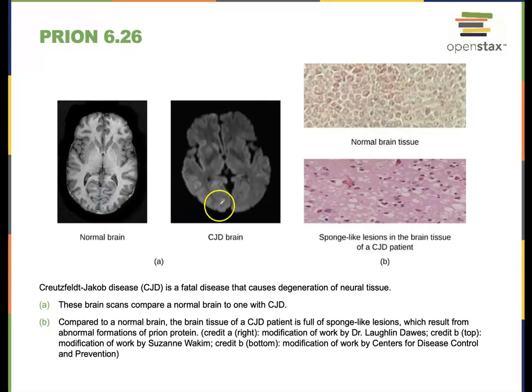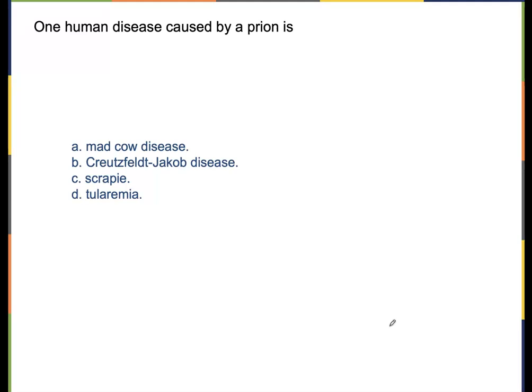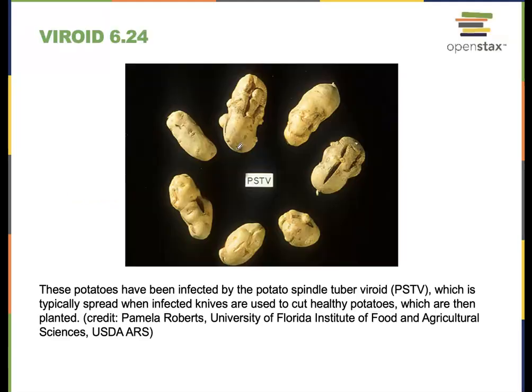You can see that in the CJD brain, there are lots of areas that don't contain a lot of tissue anymore, a lot of areas with big gaps, where you have those areas of nothing, right? No cells, because it's spongiform. So the brain of a CJD patient is full of sponge-like lesions. Okay, one human disease caused by prion is going to be Creutzfeldt-Jakob.